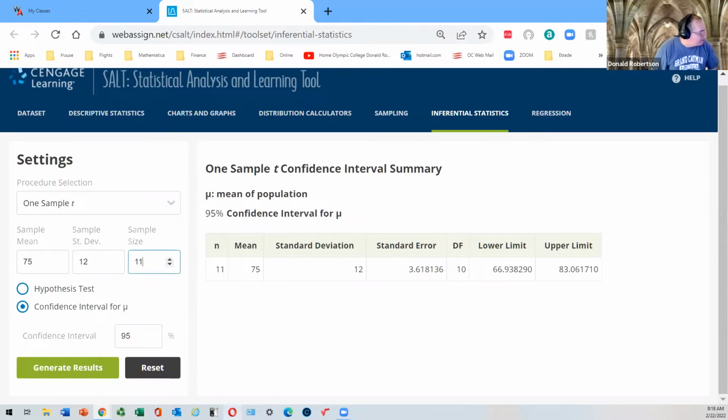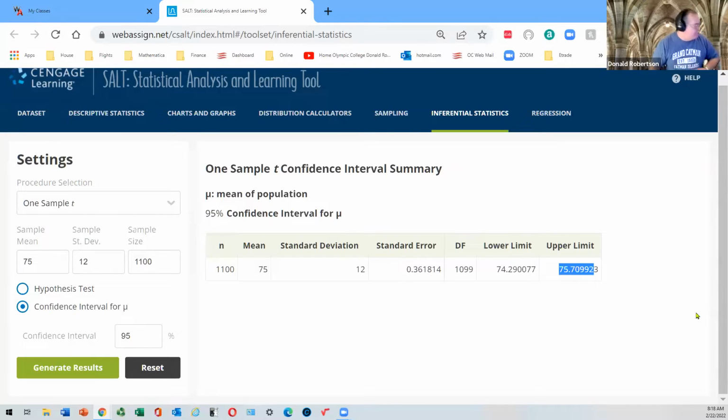Now, it's much better if the sample size is huge or bigger, because when you do that, you see how the intervals change. And if it's really big, like over 1,000 is really big, can you see that the difference between the small and the big now is only about 1 unit? So when your sample size was tiny, you had like a range of 14, 17 units.